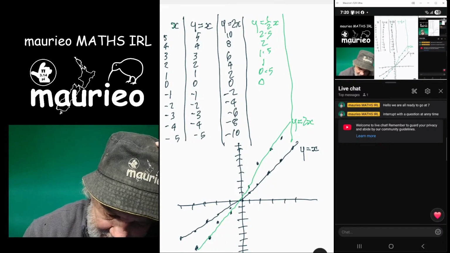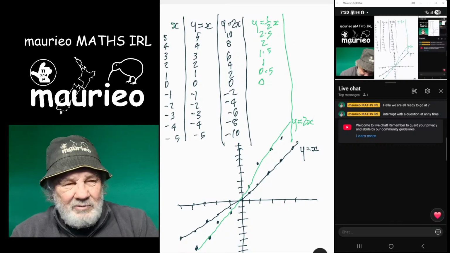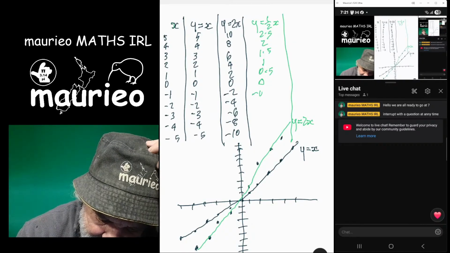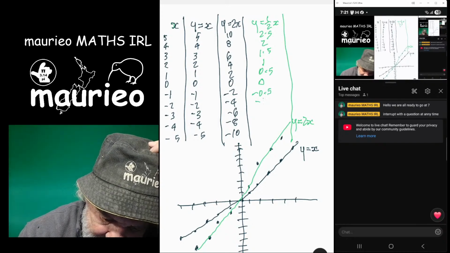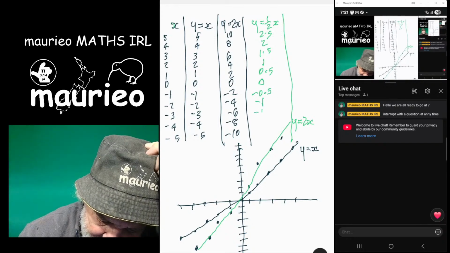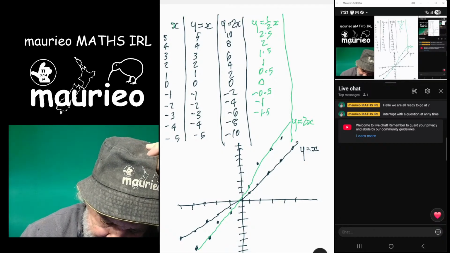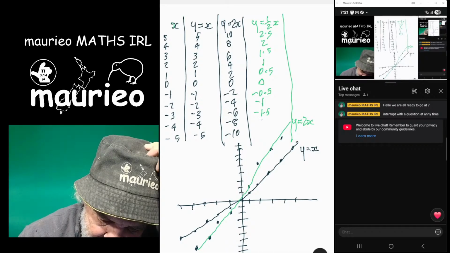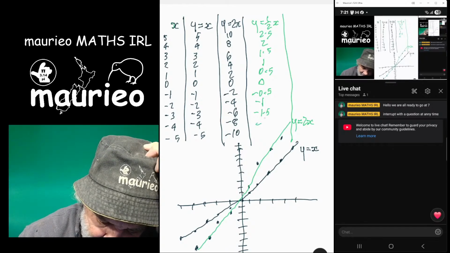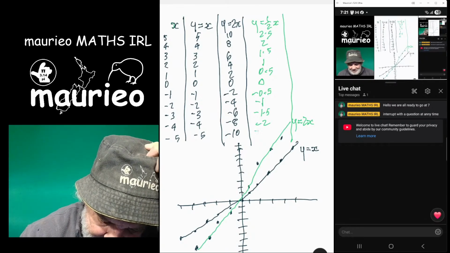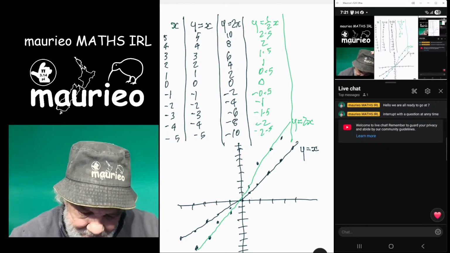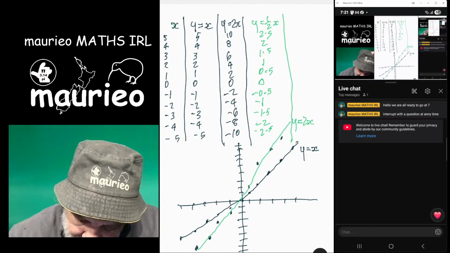And then down here you'll see that these will be reflected. So we can go negative 0.5, negative 1, negative 1.5, negative 2, negative 2.5. Okay, so the half ones we'll do that in red.